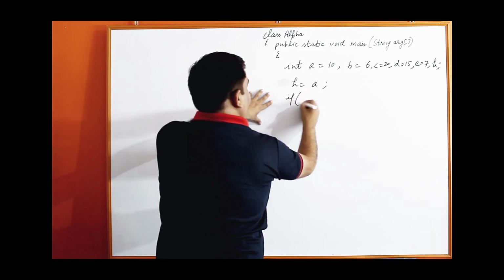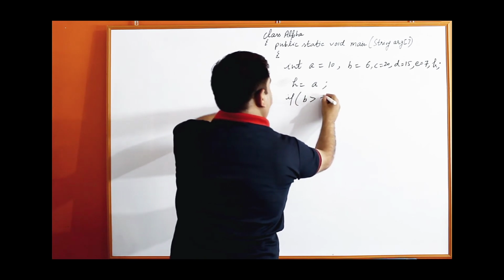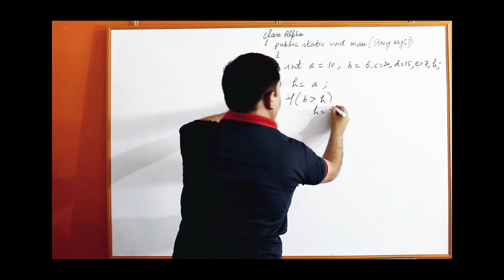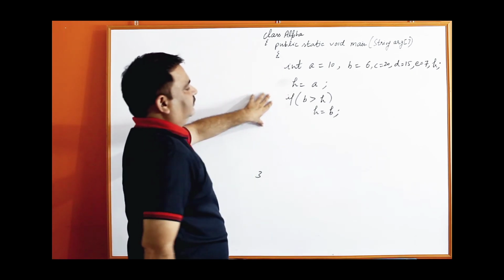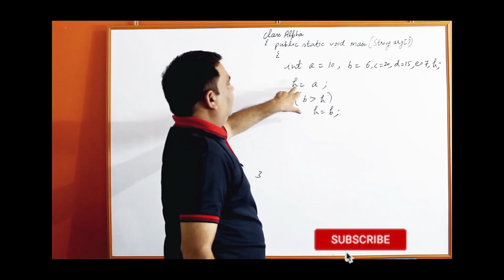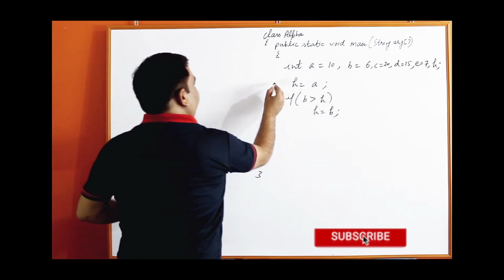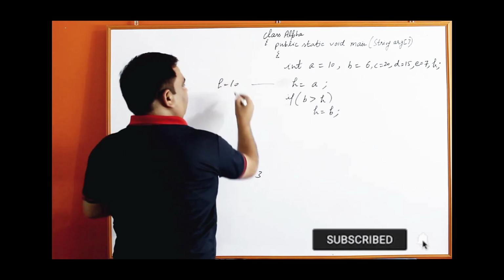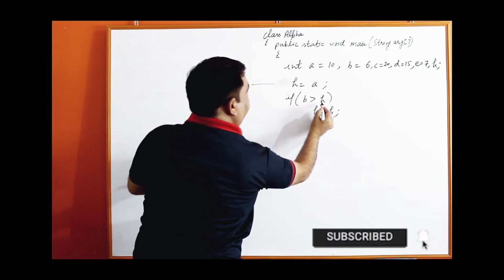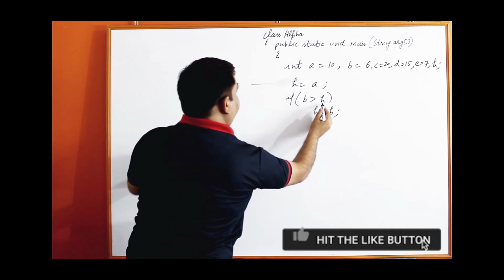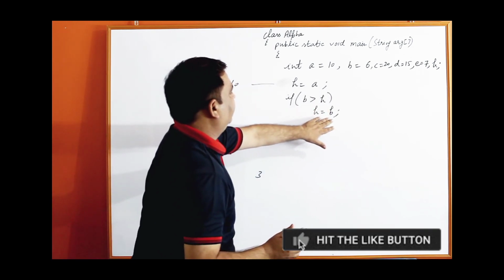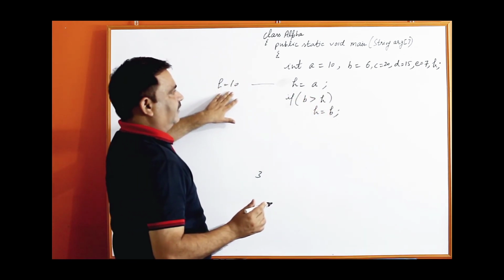Put the condition: if B is greater than H, then H will be replaced by B. According to the example, H equal to A, H is 10 here, and this condition B is greater than H, 6 is greater than 10, no, so H will remain 10.